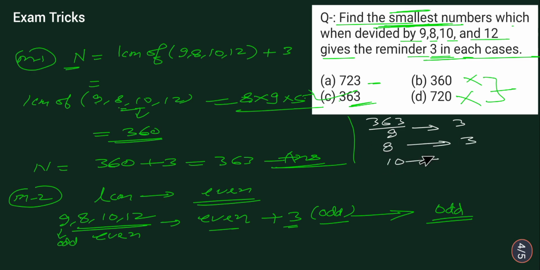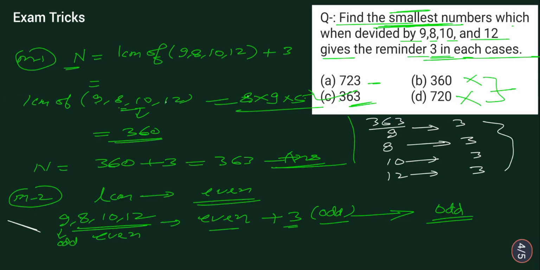Divided by 10, it gives 3 remainder. When we divide by 12, the same remainder is available. So 363 satisfies the condition. Now if 723 also satisfies all the conditions, then in both cases our answer would be 363, because 363 is smaller than 723. So our option would be 363. This is method number 2. You have to check, right?